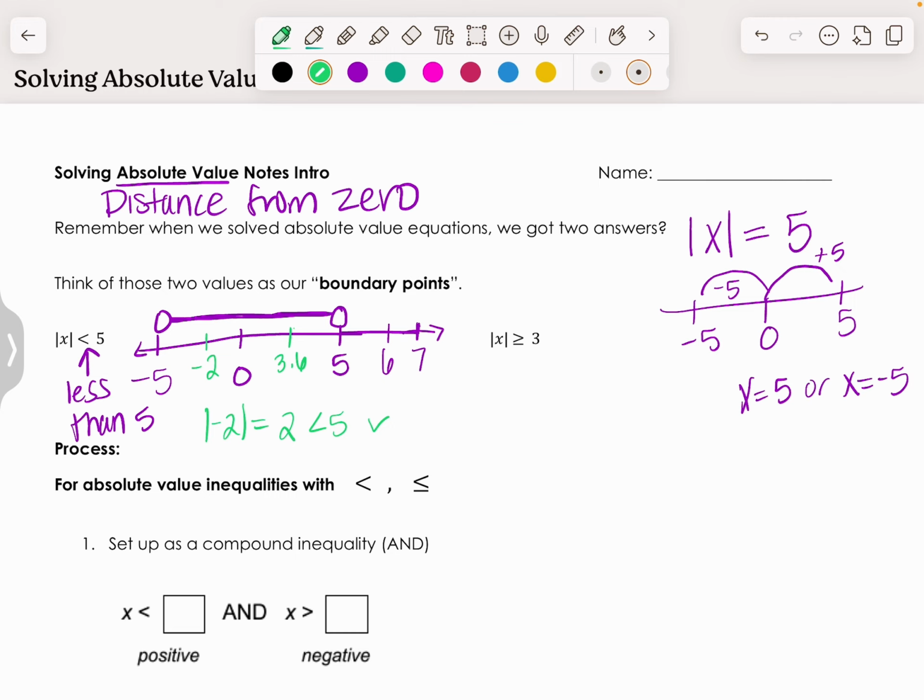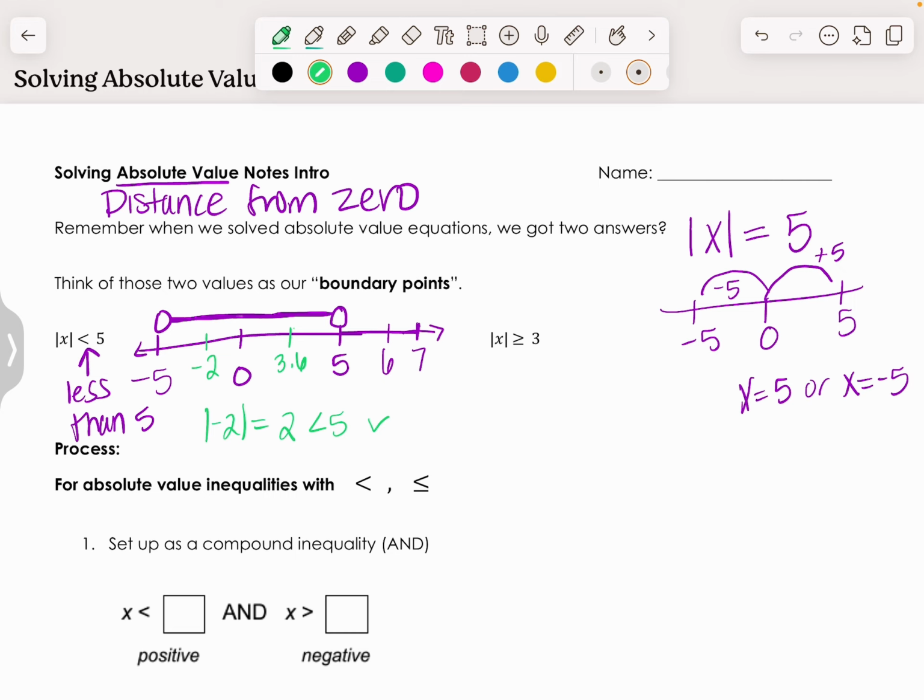I left my circles open in this example because I didn't have an equal to. If you remember with inequalities, when we have the equal to, we shade them in, and when we don't, we leave them open because those values aren't included, because 5 is equal to 5, not less than 5.